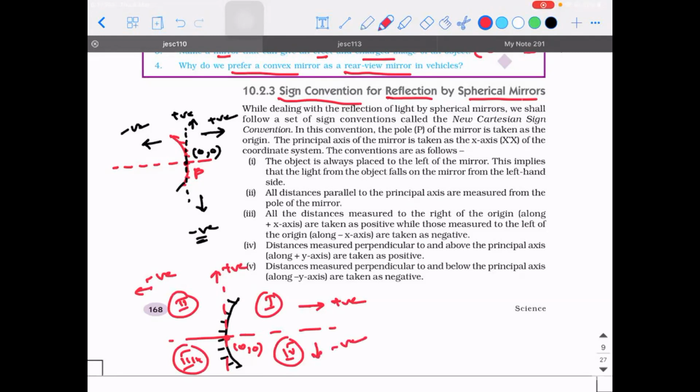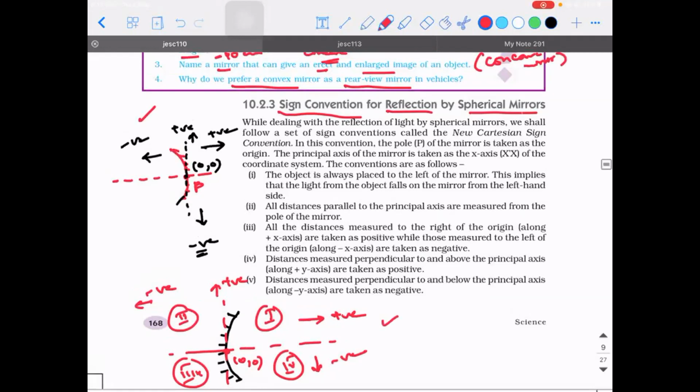While solving a problem, what difference do you think will happen between this and this? Here the object is placed on the negative side, and there the object is placed on the positive side. With respect to the problem solving technique that is universally followed, I'm not saying it is wrong, the object distance is always taken as negative.